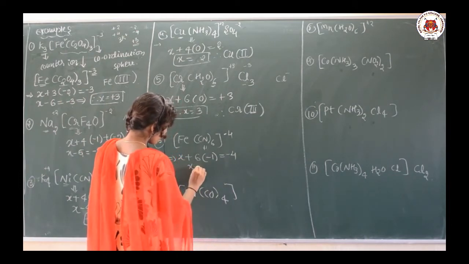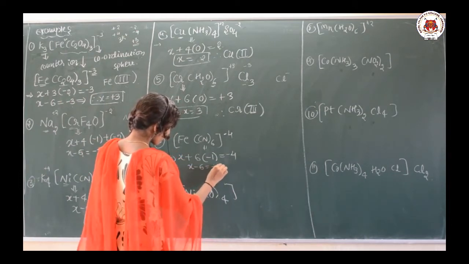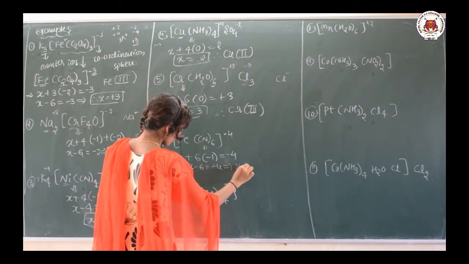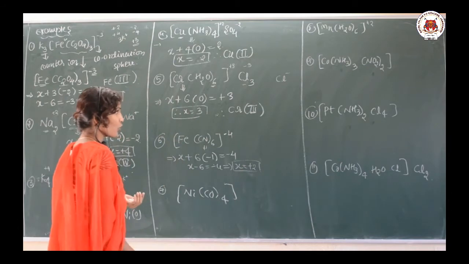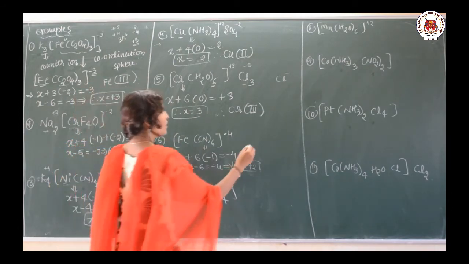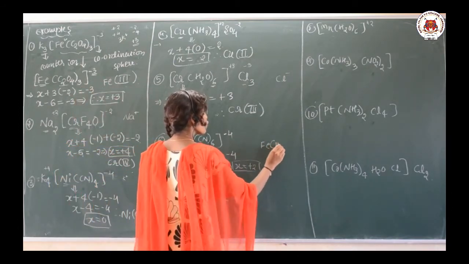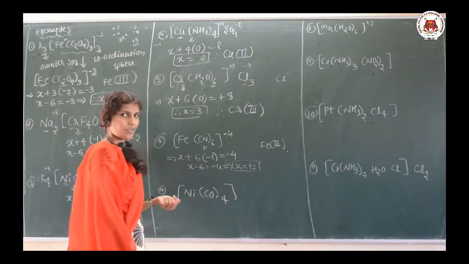So what happens here? X is equal to +2. It means Fe has the +2 oxidation state.